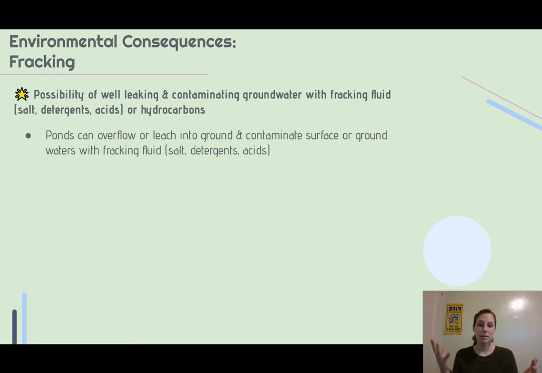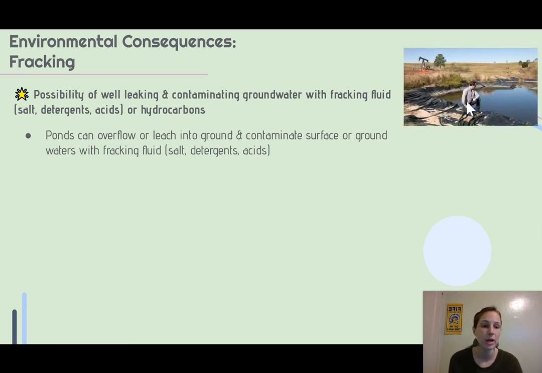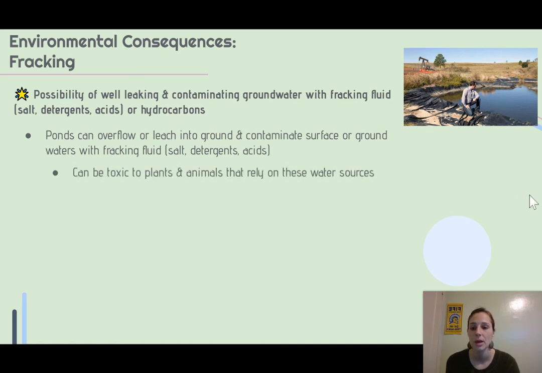Additionally, the ponds that you make of that fracking fluid can overflow and leach into the ground and contaminate surface or groundwater with this fracking fluid. So if you look here, this is an image of what these ponds look like.